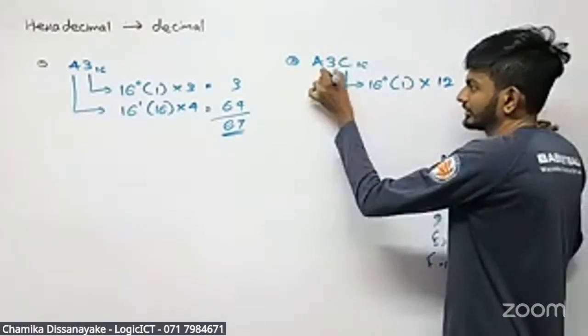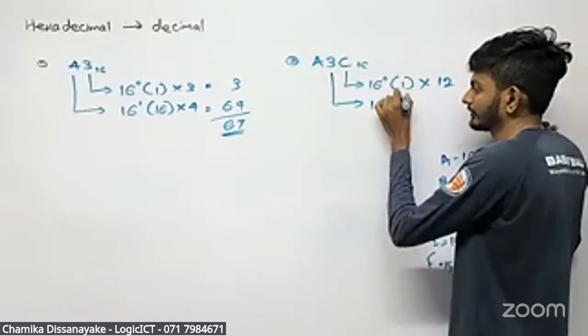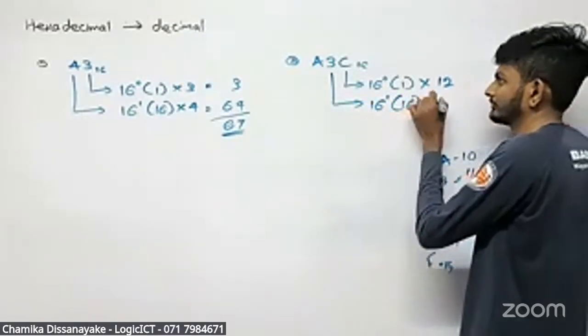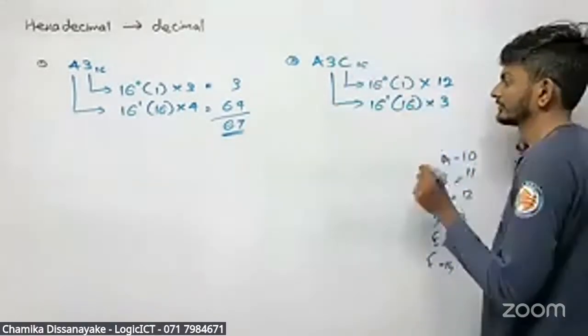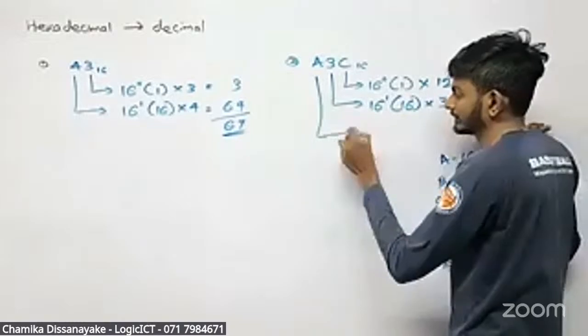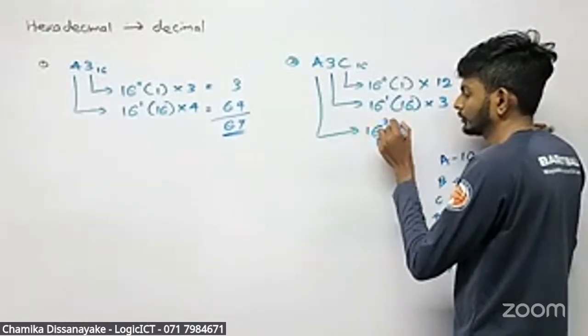So for 3, we have 16 to the power 1, so 16 multiplied by 3. The same one. Here the symbol is 3 and the value is also 3. Here actually 16 to the power 2.